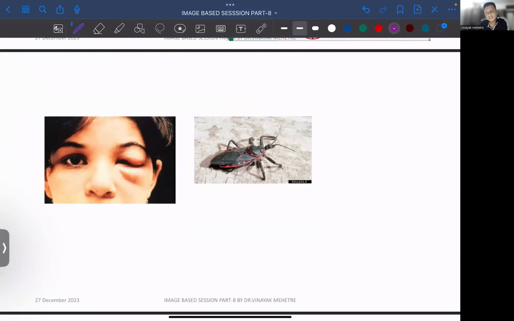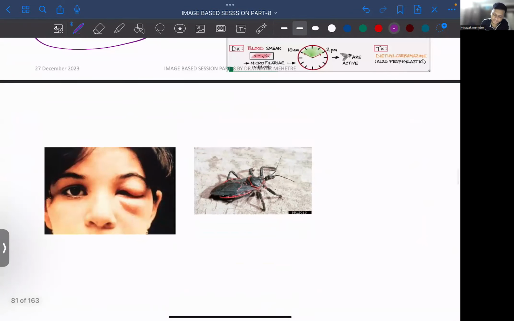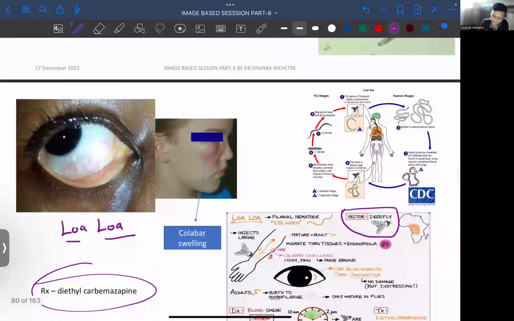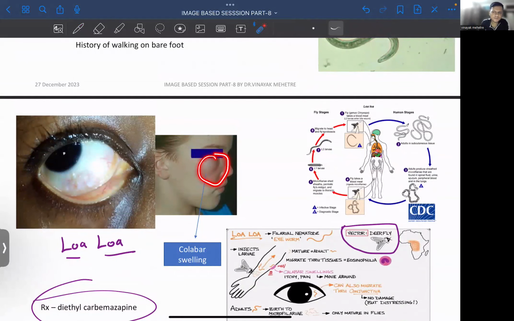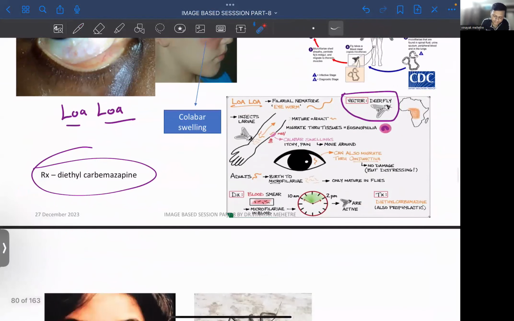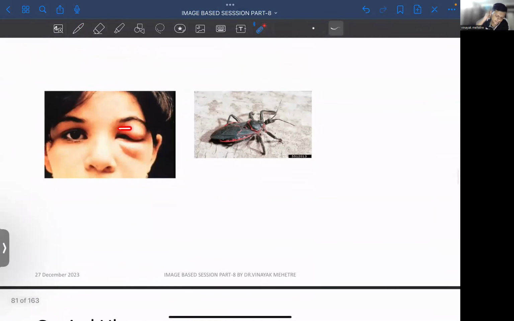Okay, but now there is only swelling on the eye with the bite of an insect. Calabar swelling, what was happening? There was swelling on the lower side. What has happened over here? There is swelling on the eyelid as well. This is called as रोमाना साइन. ये भी एक गाना है, हे रोमाना तेरी आंखें, जॉन अब्राहम का.